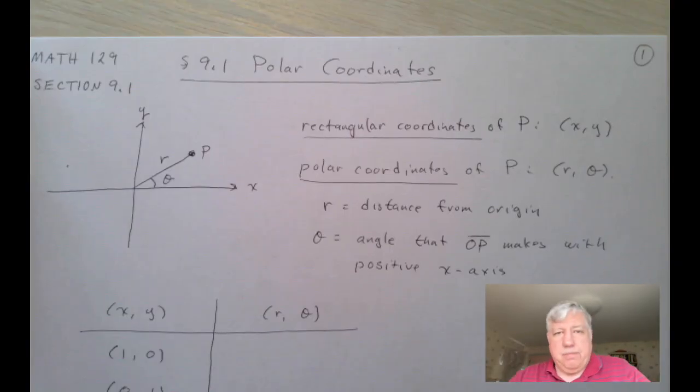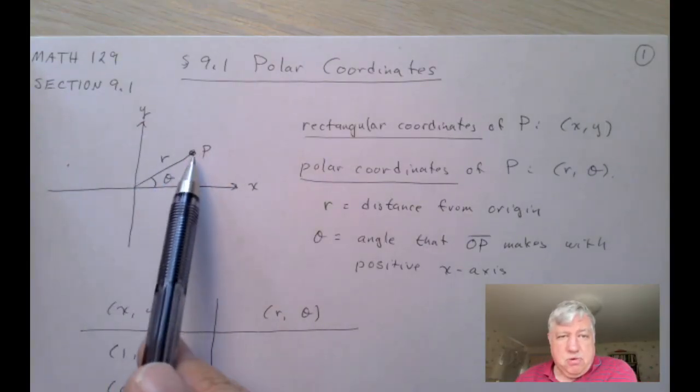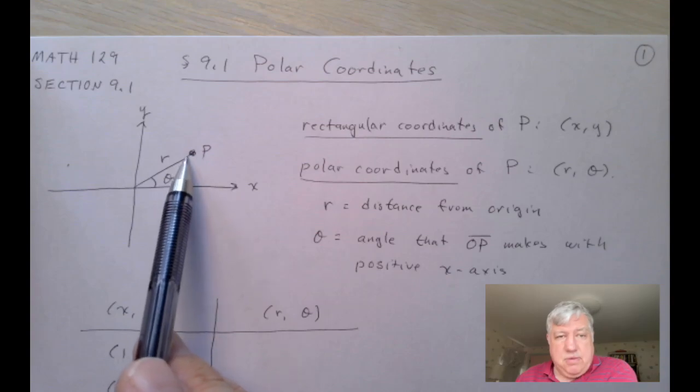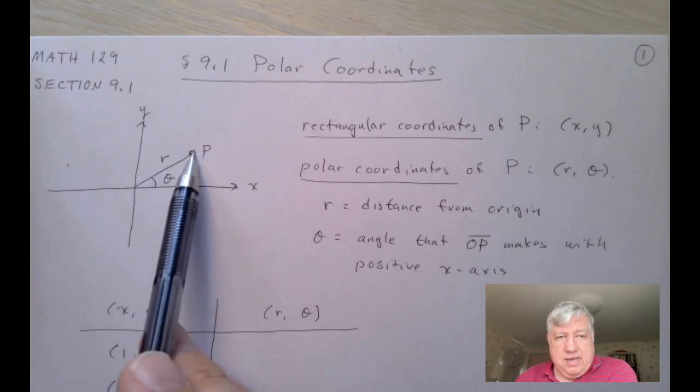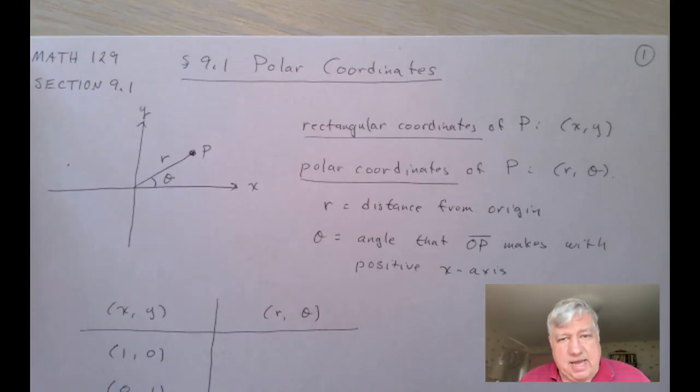So let me just remind you that rectangular XY coordinates are what we call rectangular coordinates of a point P. And then the polar coordinates of P are defined as follows. If you take any point on the plane, it has a unique distance from the origin, and the ray connecting the point to the origin makes an angle with the positive x-axis.